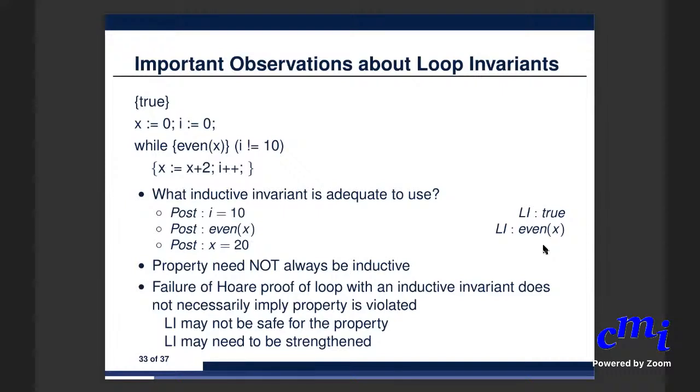The traditional model checking methods always happen to compute the strongest inductive invariant. Doing that is decidable if your state space is finite, and this problem is undecidable if your state space is infinite.